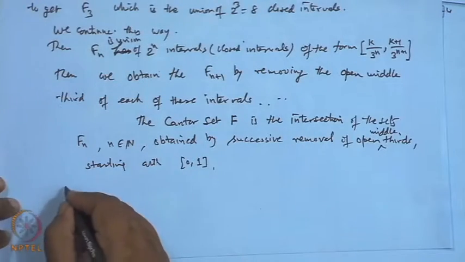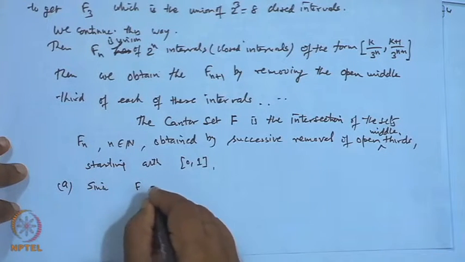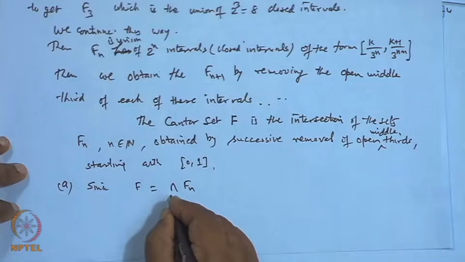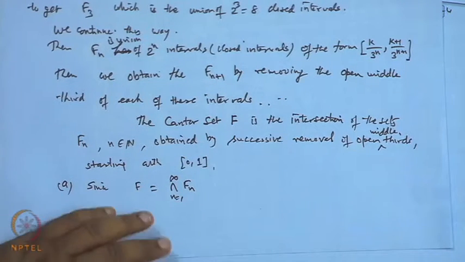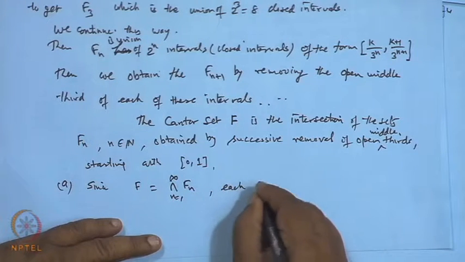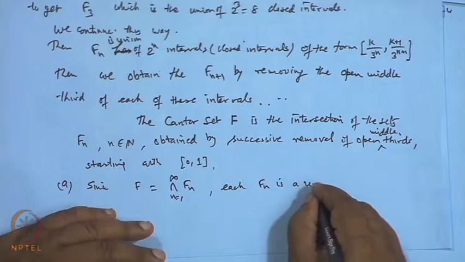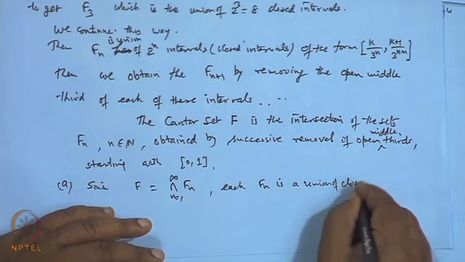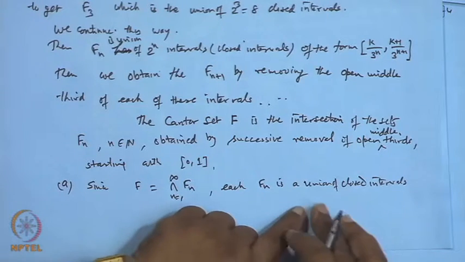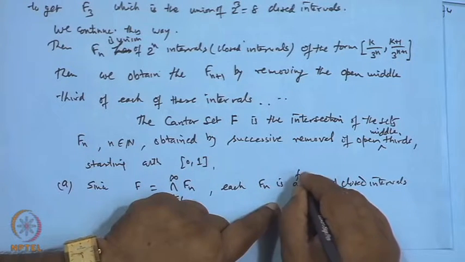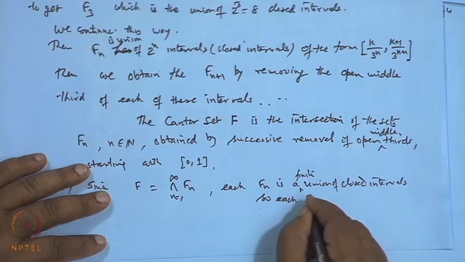So, since the Cantor set F is the intersection of F n, n from 1 to infinity, a countable intersection of F n, and since each F n is a union of closed intervals, a finite union of closed intervals, each F n is closed.